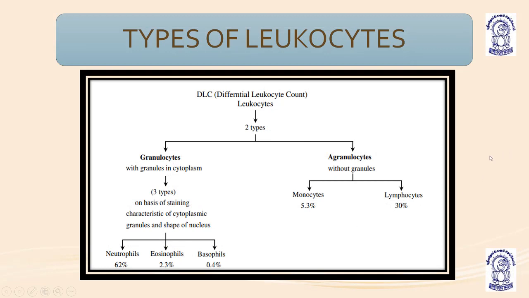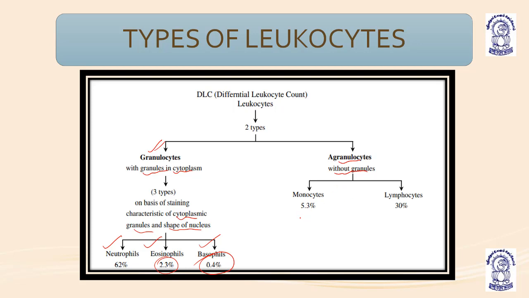Types of leukocytes. Differential leukocytes are of two types: granulocytes, with granules in the cytoplasm, and agranulocytes, without granules in the cytoplasm. Granulocytes are of three types on the basis of the staining characteristics of the cytoplasm and the shape of the nucleus: neutrophils 62%, eosinophils 2.3%, and basophils 0.4%.